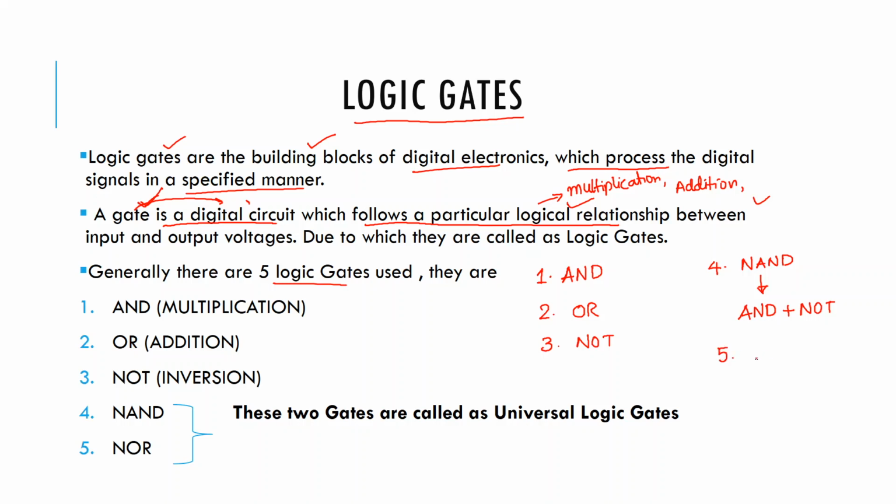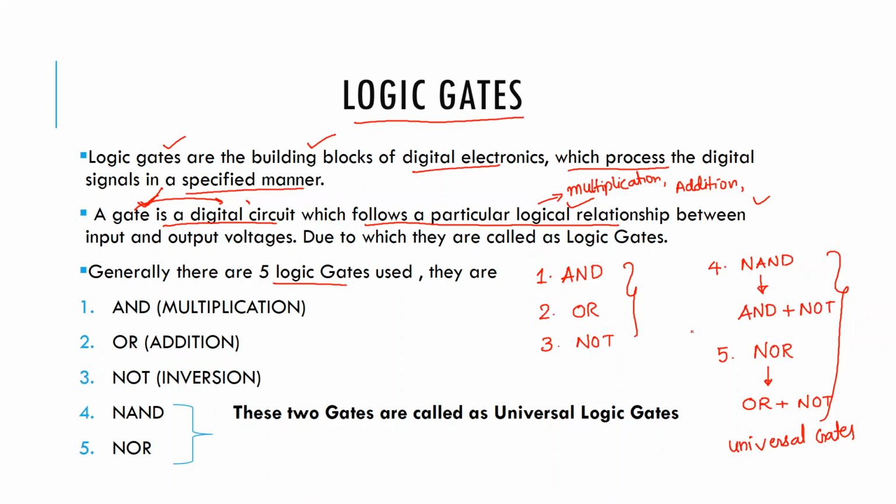Similarly, we have one more gate called the NOR logic gate, which is the combination of the OR gate plus the NOT gate. These two gates are called universal gates. They are called universal gates because we can form the remaining 3 logic gates using these 2 logic gates. We'll see that in upcoming classes.